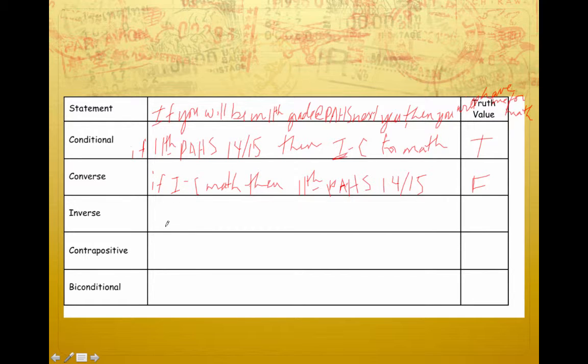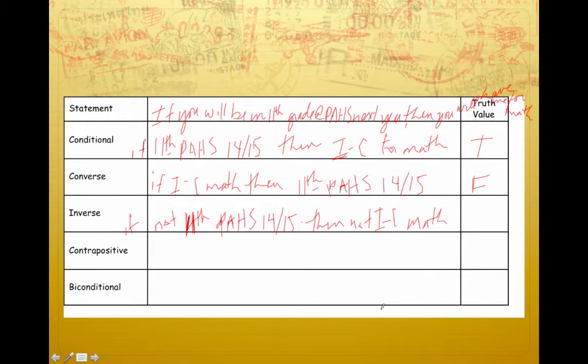The inverse says if you will not be in 11th grade, oh my goodness, if not in 11th grade at PAHS in 1415, then you will not have me for math.